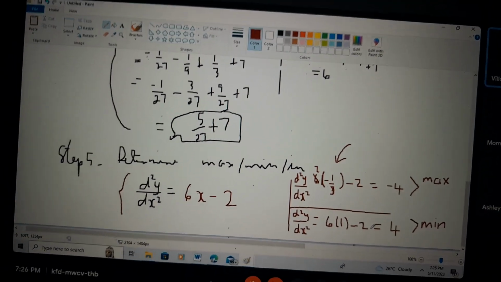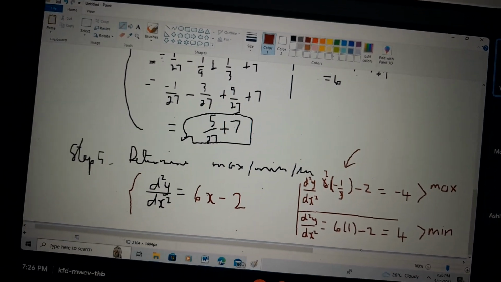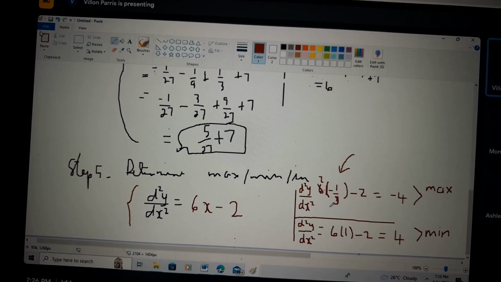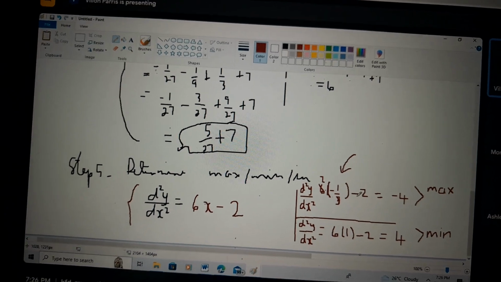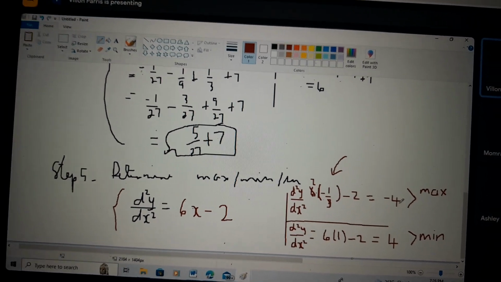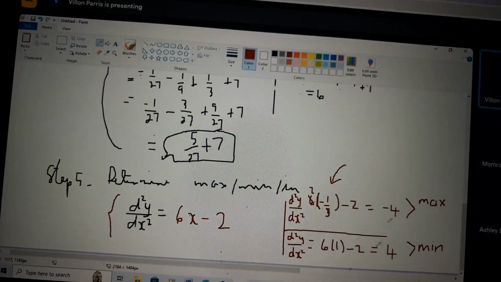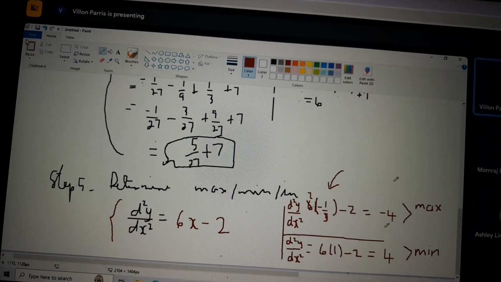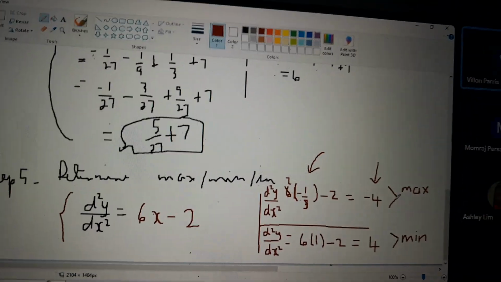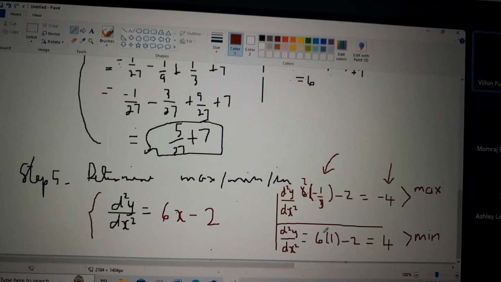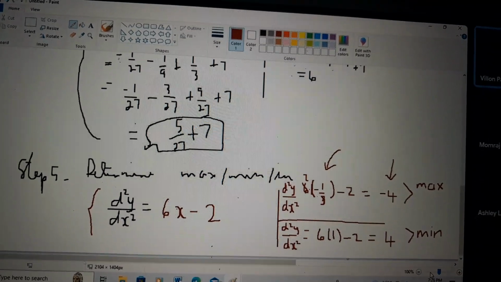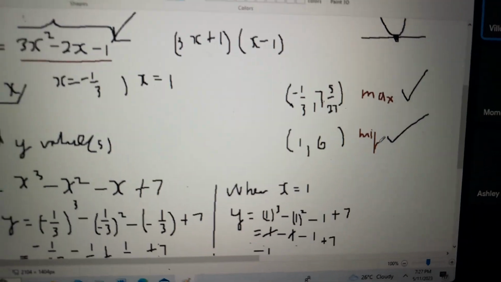So even if I didn't go in GeoGebra and look at the curve, once I find the second derivative and put in the x value, I can know whether the point is maximum or minimum. So if the answer that you get when you evaluate that second derivative is negative, it's a maximum point. If the answer you get is positive, it's a minimum point. Is that clear with everyone? Let's go back to GeoGebra and confirm.